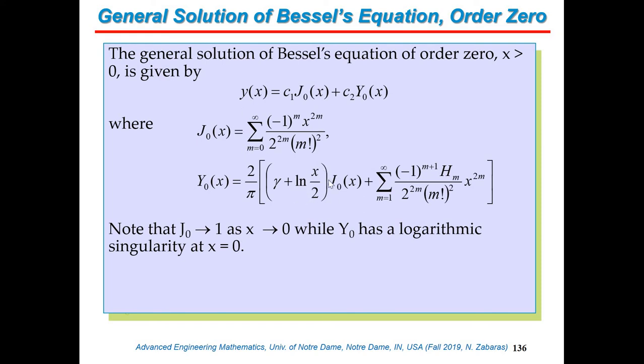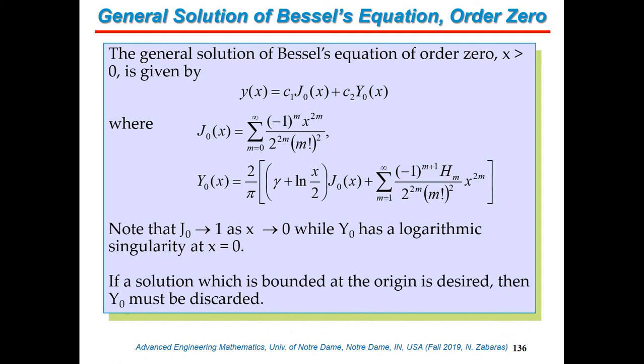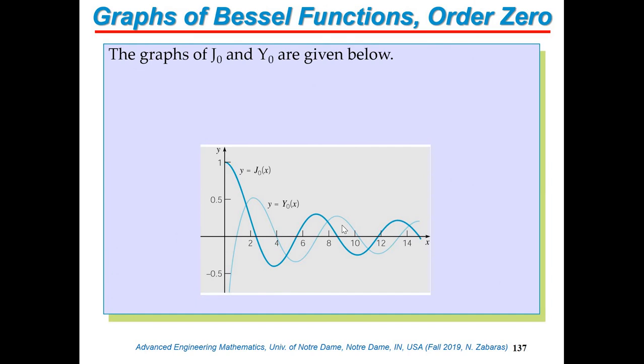The other one has a logarithmic singularity. Now, if you do need a solution to this Bessel equation of order 0 that is bounded, then you will actually use J0 and you will not use Y0. If I can give you a plot, you can see again the J0 solution and the Y0 solution. You can see the J0 solution starts from 1, Y0 at x equals 0 blows up.